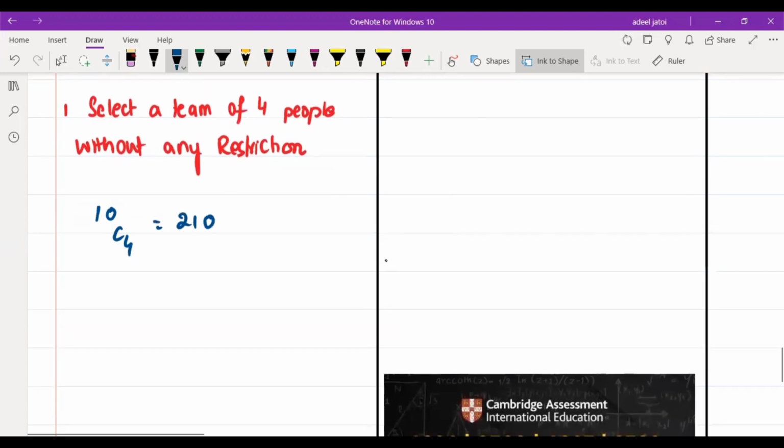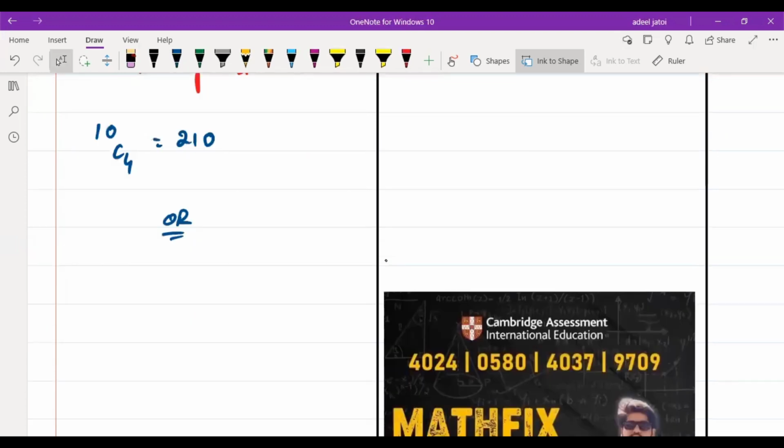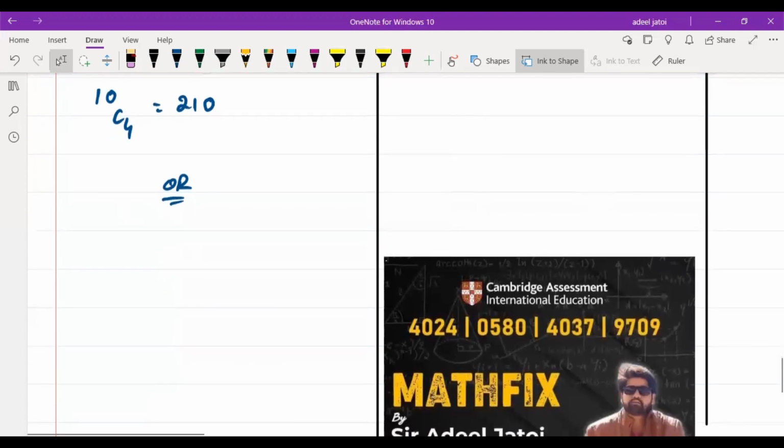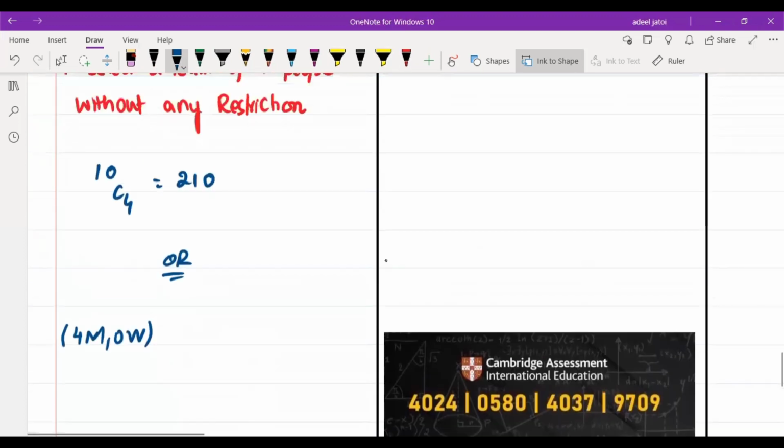But similarly, now you need to understand how this 10C4 is taking place with 6 men and 4 women, since we only need 4 people. So let's say that your first option is we can have 4 men and 0 women. There's a possibility of having all the 4 men since there is no restriction, right?